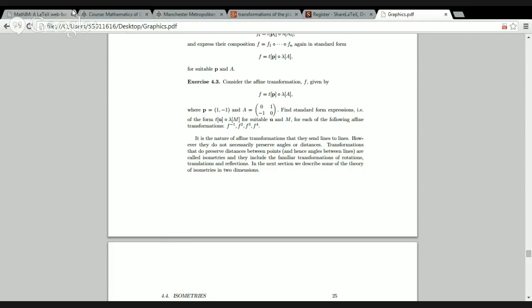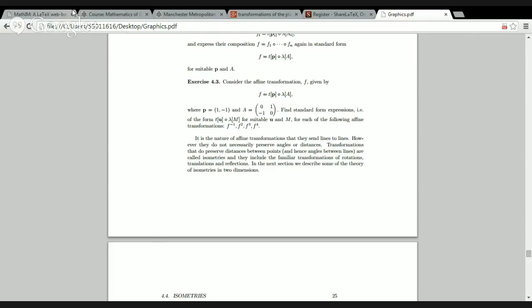I might prove that at a later point. But these isometries are linear transformations, and they preserve distances, and they preserve angles.